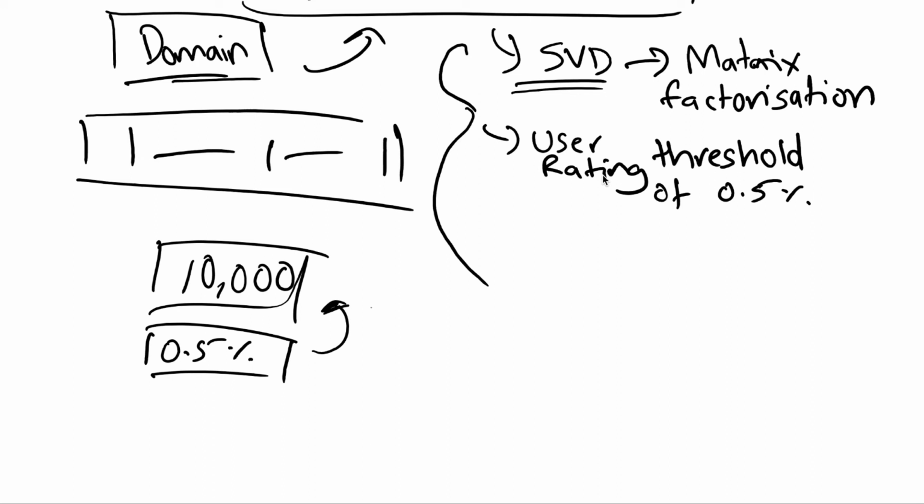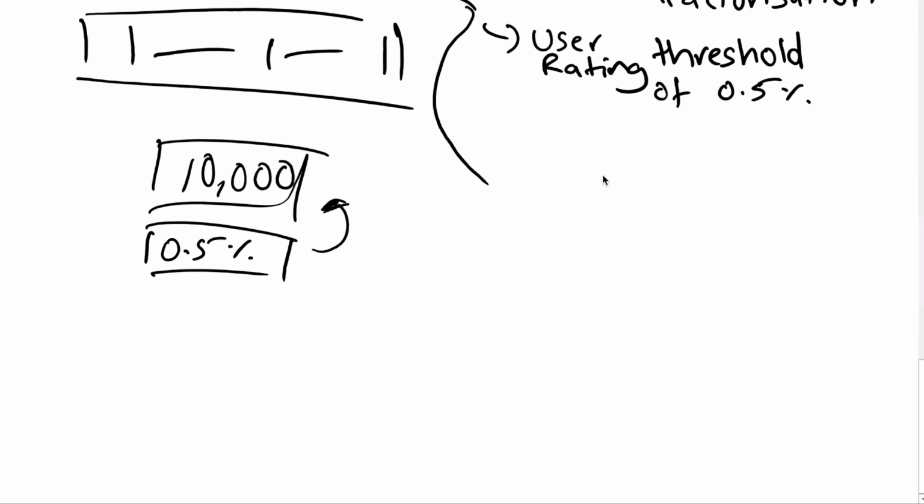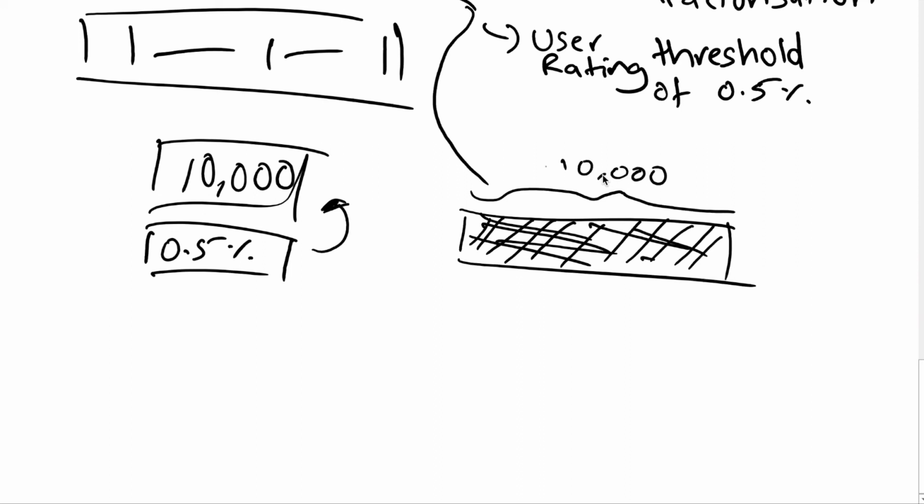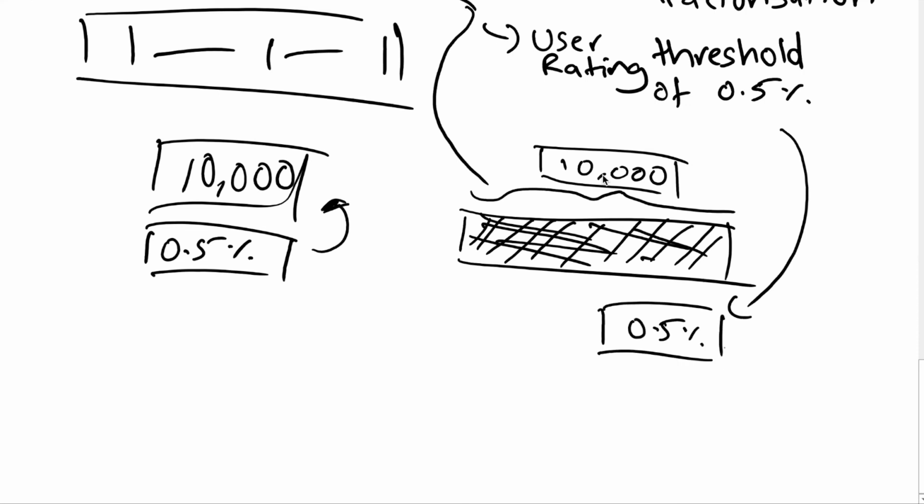So let me give you an example here. Consider this as all the movies in the data set. Consider this as 10,000 movies in the data set. Now when you put a 0.5% threshold, you would be taking a sample of this data.